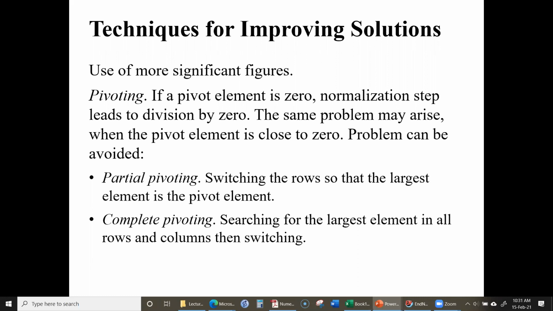And then that largest value of the coefficient in the diagonal we make the pivot, and this can help us remove the errors in the calculation. So this can be done partially, or for more improved results or more control over the results, this can even be done completely for the whole system.